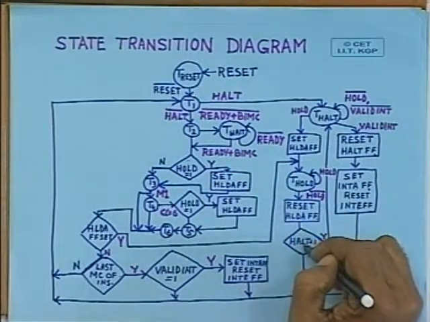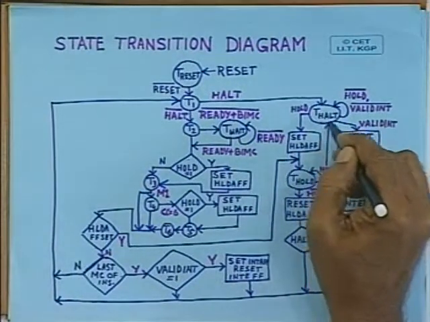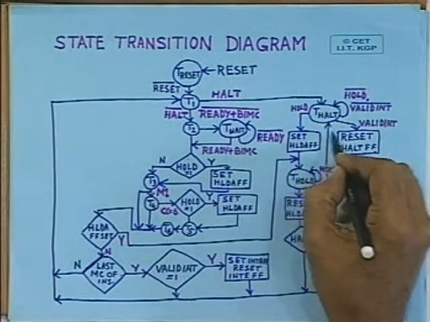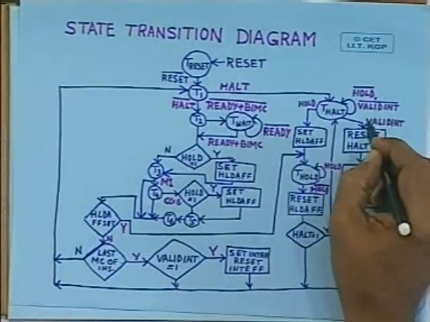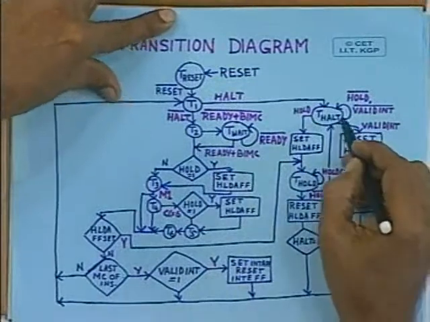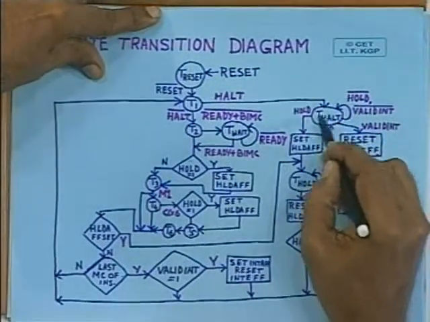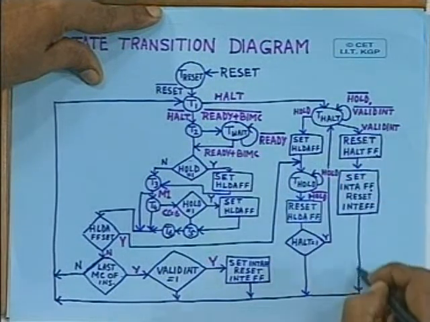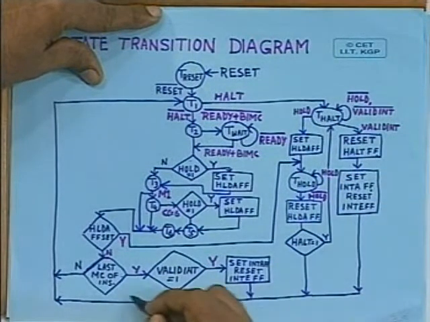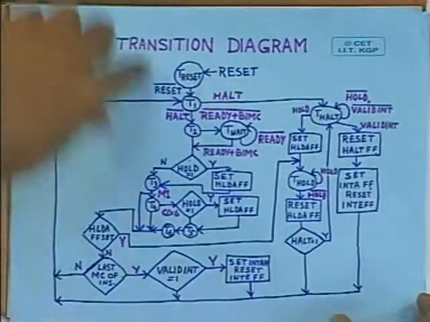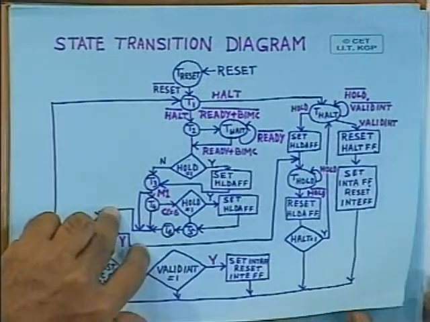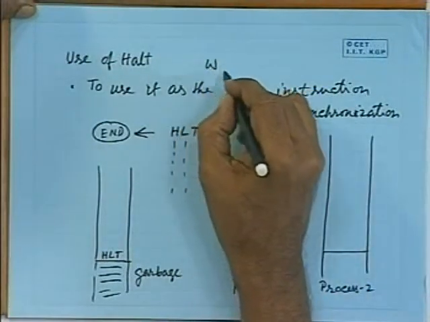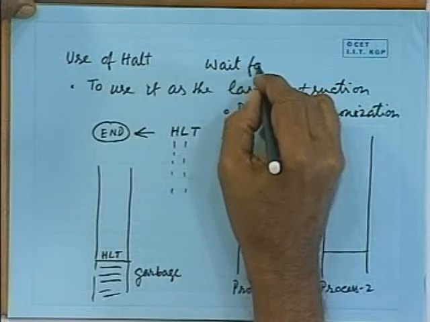However, as it comes out of this hold, again it returns back to the halt state. That means from the halt state it can come out only when there is a valid interrupt, and as long as there is no valid interrupt, it remains in that halt state, and whenever there is a valid interrupt, it permanently comes out and starts executing the next instruction. So, that is why this halt is also called wait for interrupt.